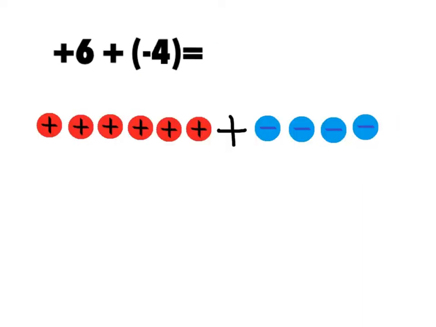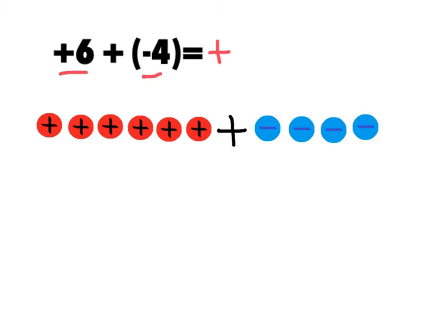In this example, we're taking a look at a positive plus a negative. Once again, my positive number is larger than my negative number, which would lead me to believe that my answer will be a positive number. Let's check and see if we're right. In this case, I have 6 red counters to show my 6 positives and 4 blue counters to show my 4 negatives.